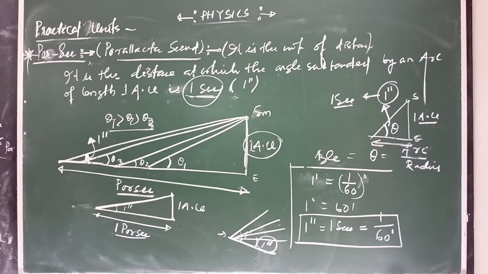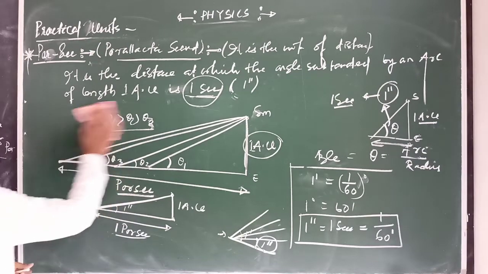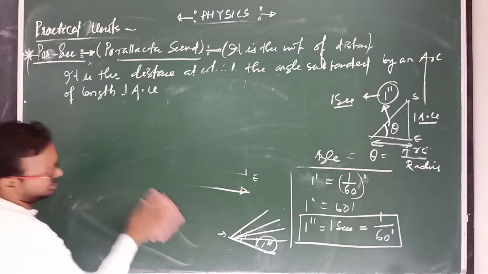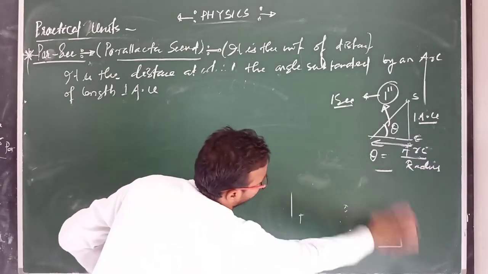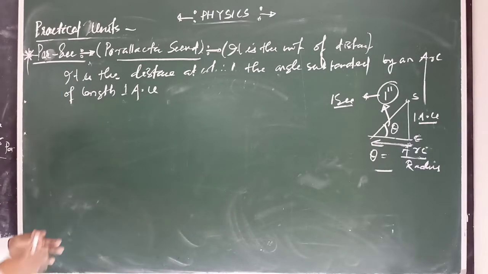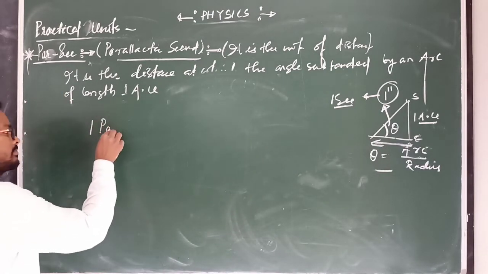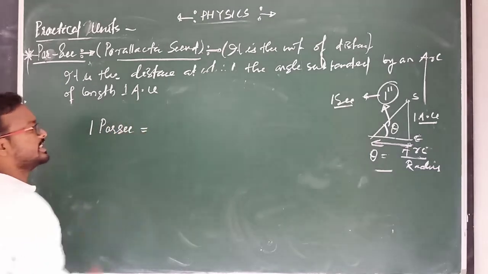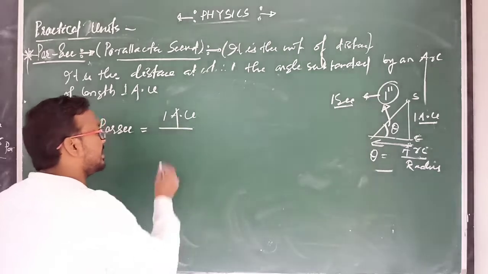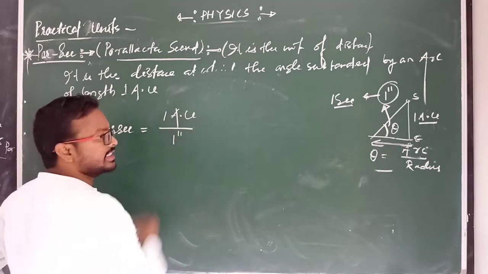Clear? And you have to remember the numerical value of parallactic second. So 1 parsec is equal to 1 astronomical unit divided by 1 second.